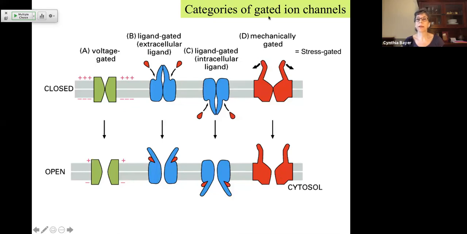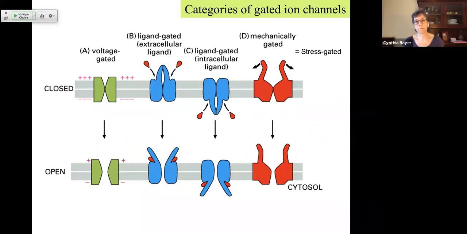All right, so gated ion channels are closed, and some type of stimulus, a change in membrane voltage, the presence of a ligand, or some stress applied to the protein, can cause those ion channels to open. And then when they open, the ions that they are specific for can diffuse down their concentration gradient.